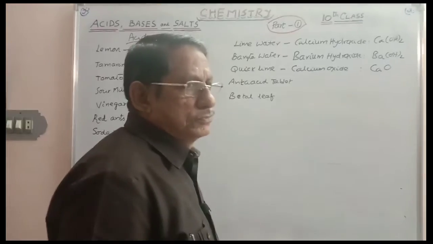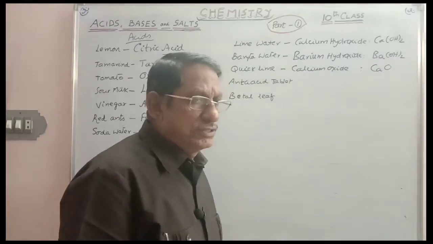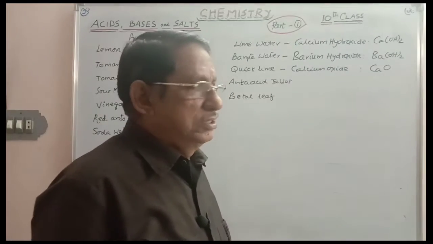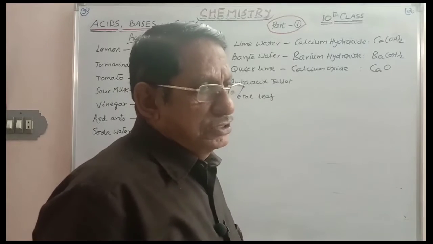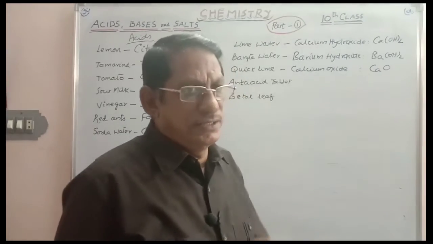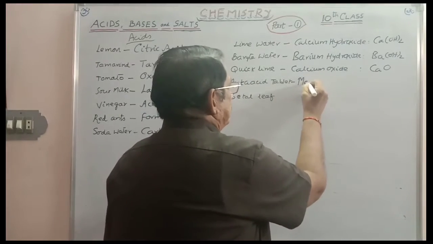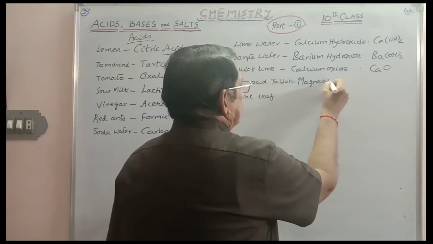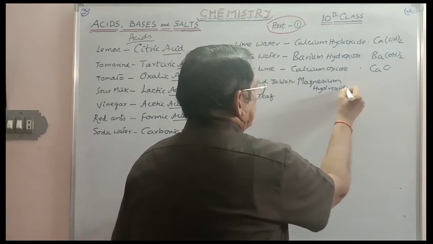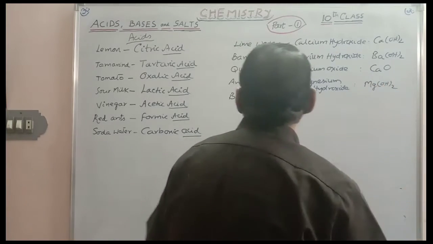Antacid tablets: whenever you feel irritation in the stomach due to the overproduction of HCl, generally we will use the opposite, a base, namely a very weak base like magnesium hydroxide. That magnesium hydroxide is present in antacid tablets, formula being Mg(OH)2.